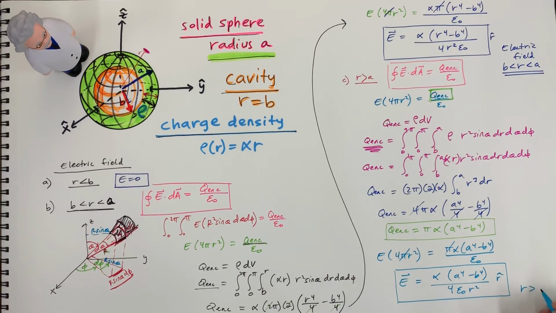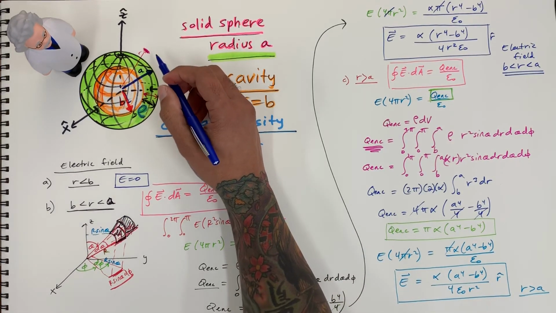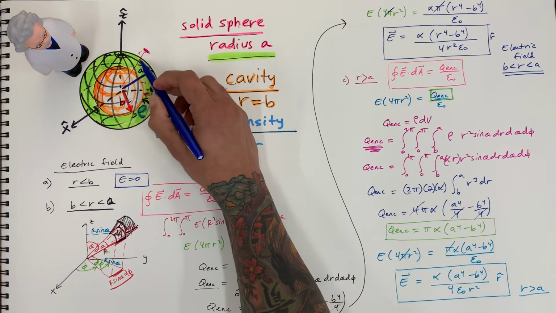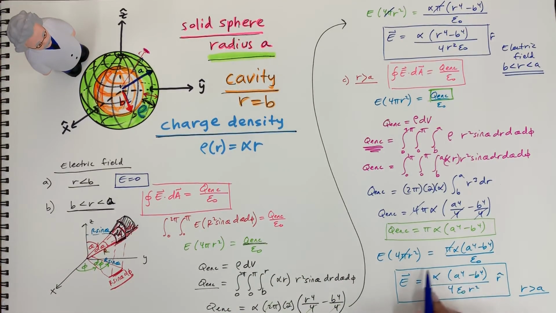Okay, so this is outside, or greater than a, and you would think that outside of this sphere there would be no electric field, since we have the charge enclosed only in this region here. But if we take a look at what we have here, the electric field goes like 1 over r squared, right?